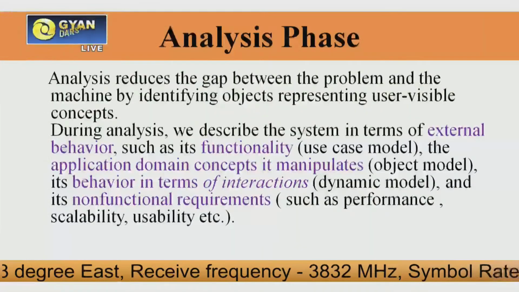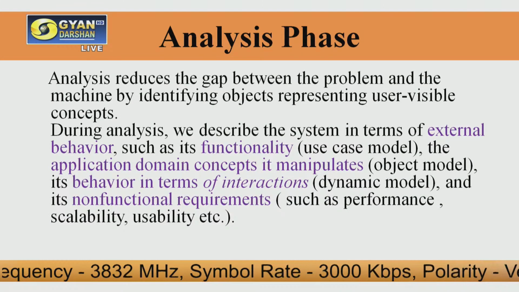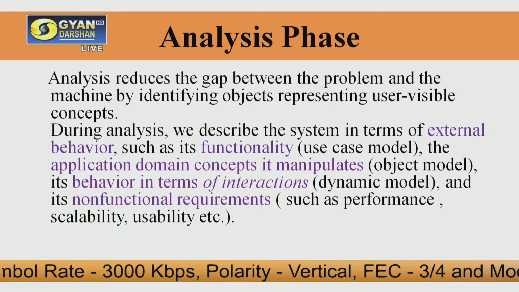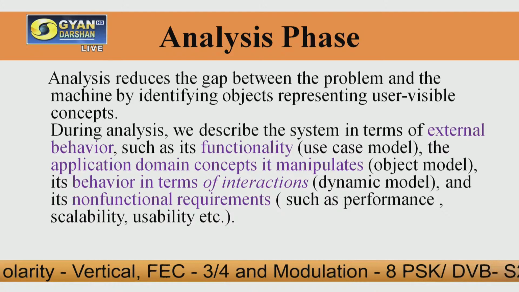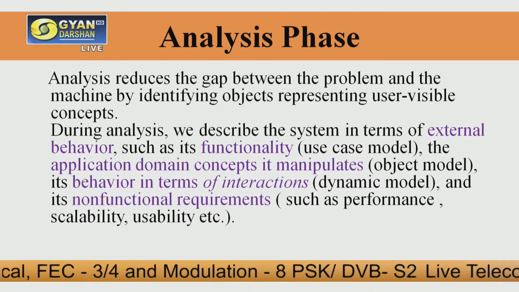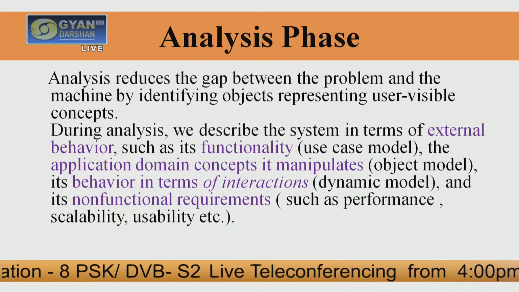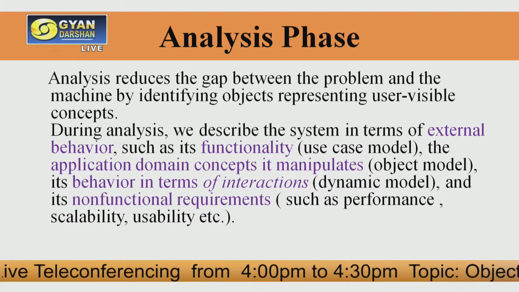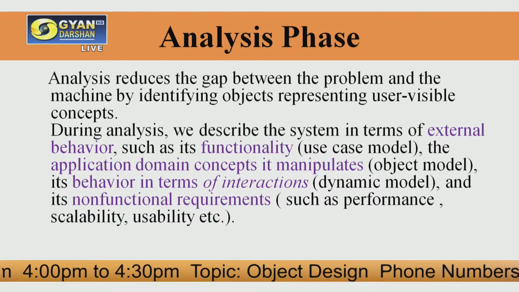Now, if we very closely look into design aspects, the very first thing that comes is analysis. In analysis we reduce the gap between the problem and the machine. Machine means our software, by identifying objects representing the basic concepts which are to be performed by that particular system, meaning the purpose.